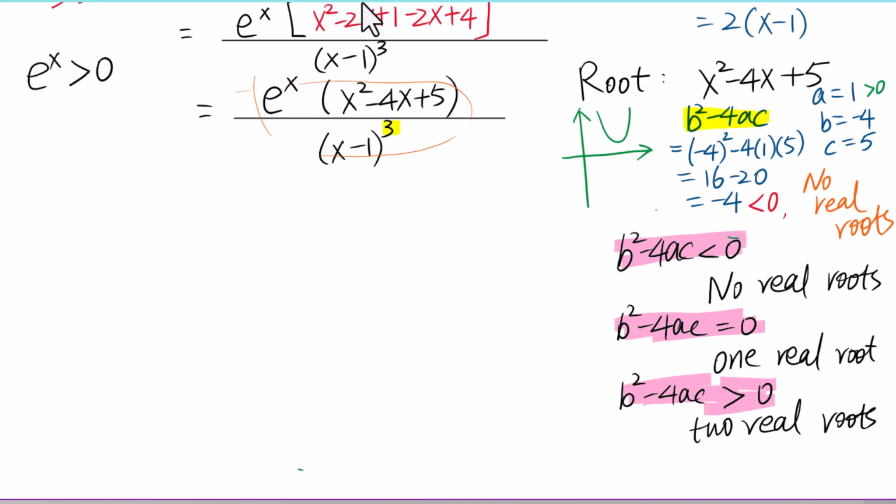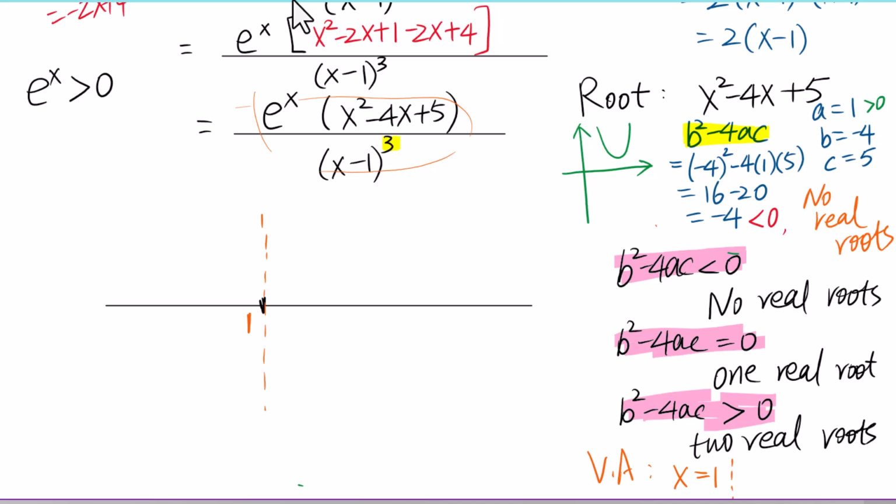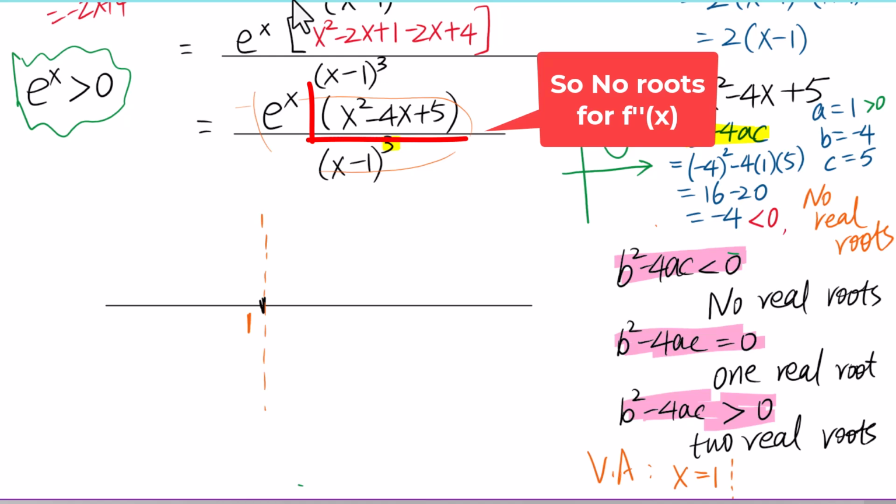Then we need to figure out the vertical asymptote line for this function. x equals 1 is the vertical asymptote line. Now let's draw this sign diagram. The vertical asymptote line is 1. Since e to the x power is always greater than 0, and there are no roots for this quadratic function, for f double prime of 0 we plug 0 into this function.